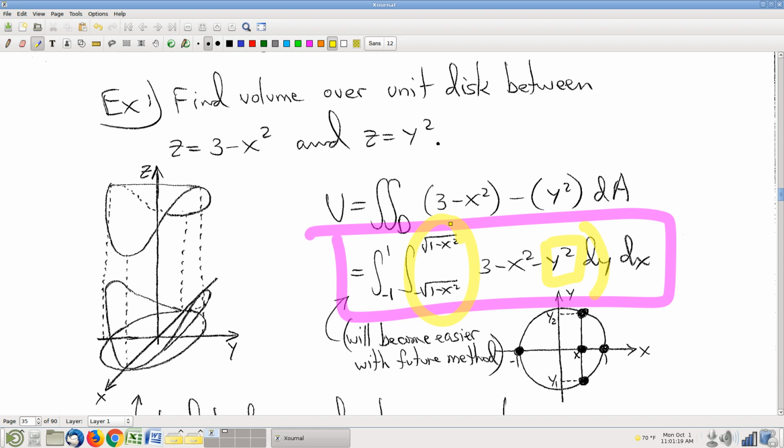Y'all remember trig substitutions? Been a while? Okay, I'm a big believer in trig substitutions. I think everyone should be good at them, and substitutions in general, of course. But let me tell you why I think trig substitutions are important, especially for those of you who are engineers, which I believe is most of you. The world is full of circles.